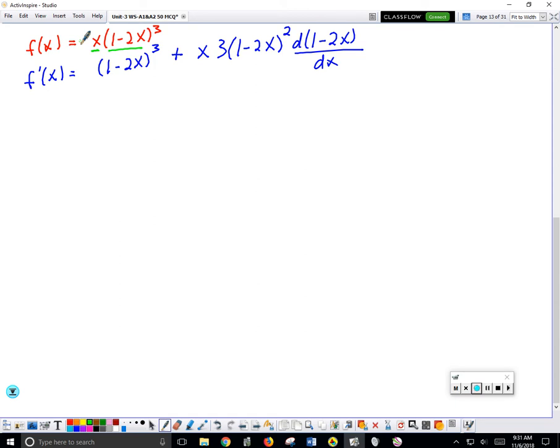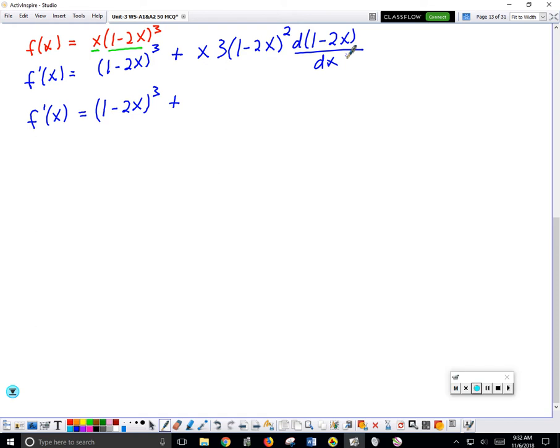Awesome. So keep going here. So f prime is 1 minus 2x all cubed plus, this is going to become negative 2. Go like this if you need more detail. So the rule is I have 1, 2, 3, 4 things being multiplied.